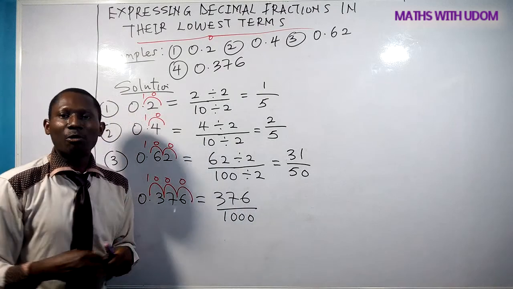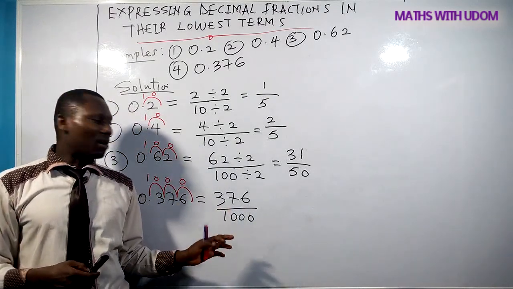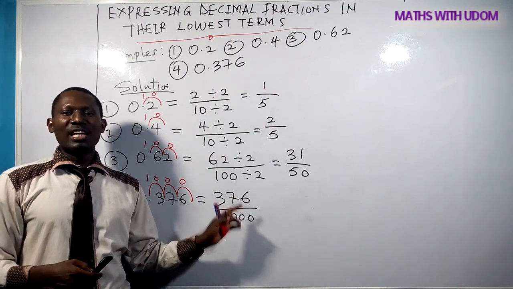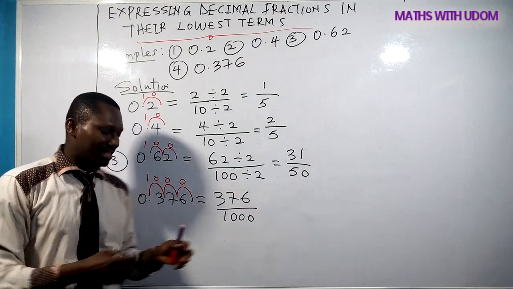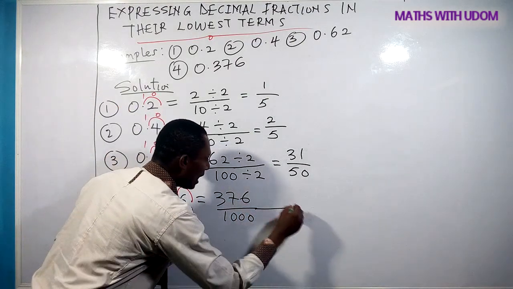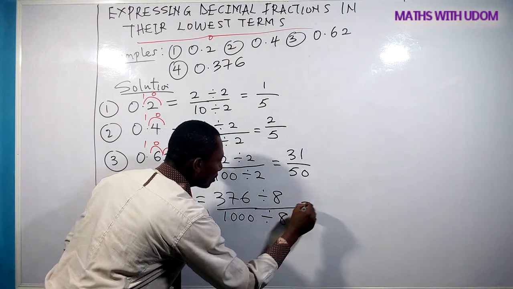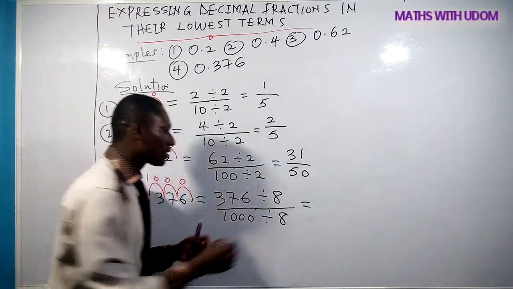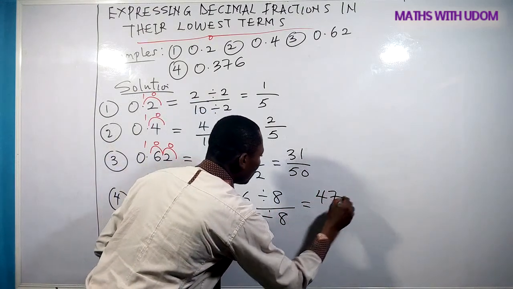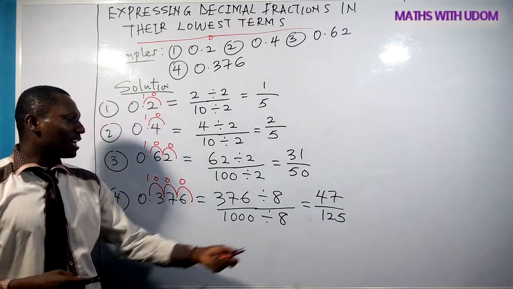The next thing I will do is divide both the numerator and denominator by their highest common factor. The highest common factor is 8. So I'll divide the numerator by 8, denominator by 8. If you divide by 8, you are going to get 47 over 125.